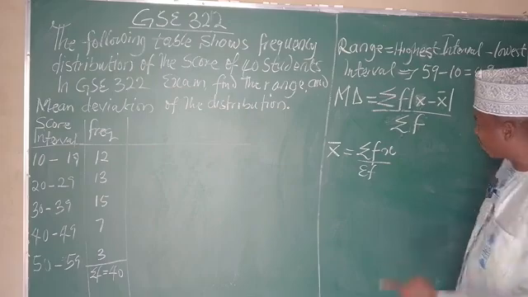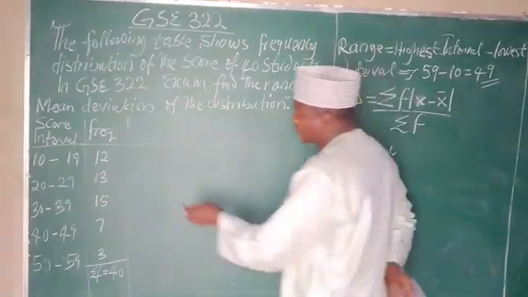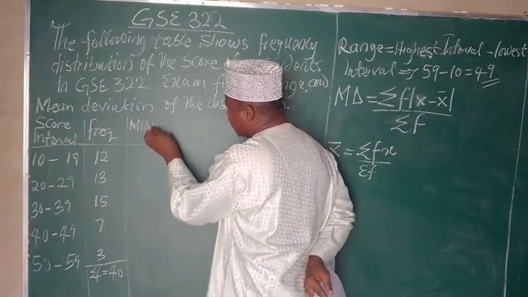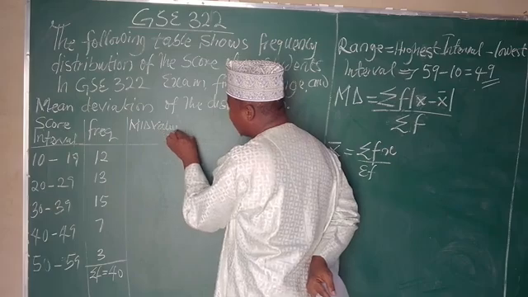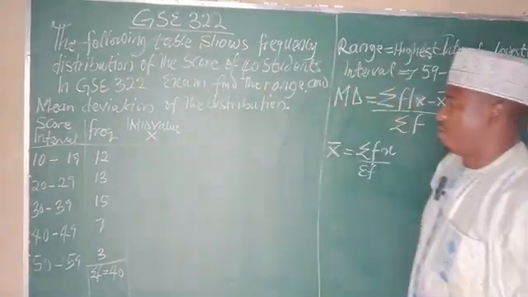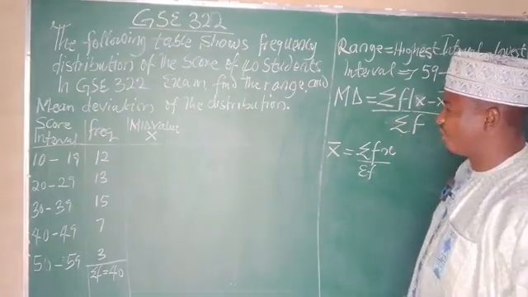How do we find the column for x? X stands for what is called the mid value.